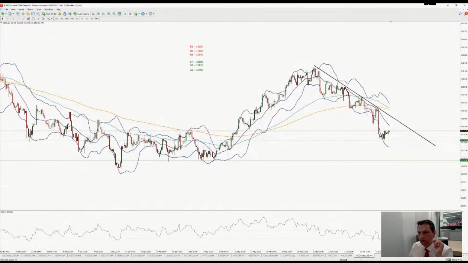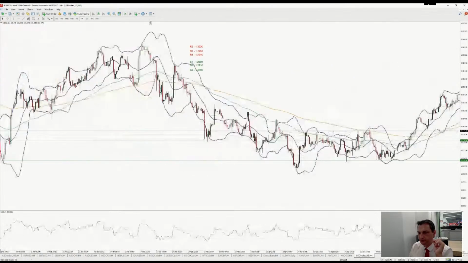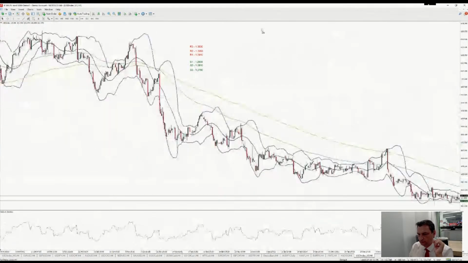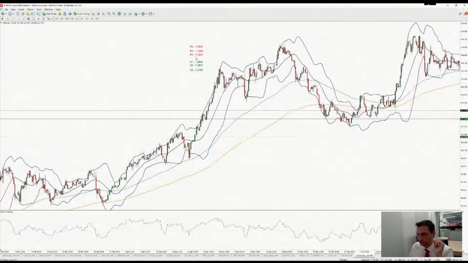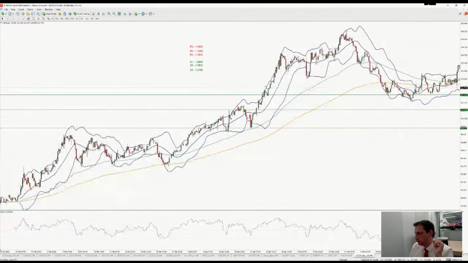Let's go further back and let's go a little bit hunting. Let's unlock the chart first. Okay, the next one is a little bit off. Somewhere here. And that would be the 99.80.